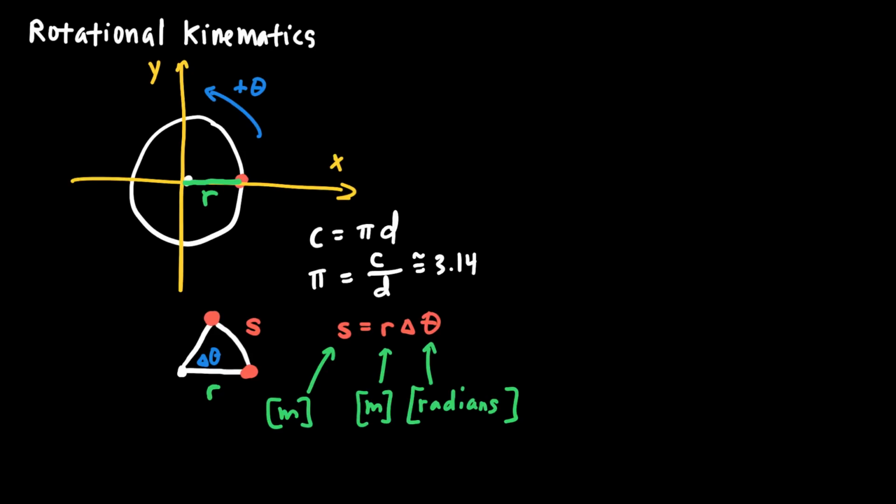And that number, 3.14, you can think of as being unitless, because circumference would be measured in meters or centimeters, and distance is measured in meters or centimeters, some unit of length, and those two units always cancel, leaving us with the same ratio. And that ratio is given a name, which we call radians. So radians is not a unit, but it's kind of like a placeholder for measuring angles.